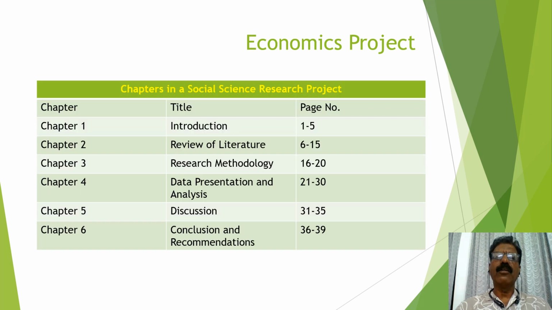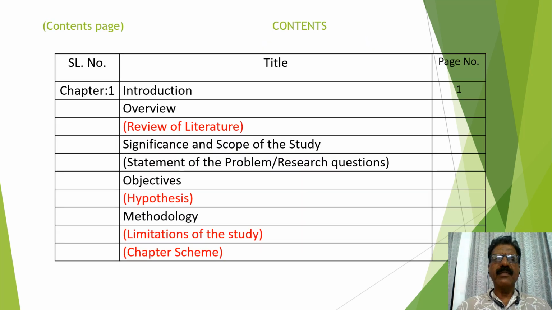The chapters included in a social science project or research project are introduction, then review of literature, then research methodology, then data presentation and analysis, then discussion, and finally conclusion and recommendations. Without deviating much from this, we, after making some adjustments, make our content page.